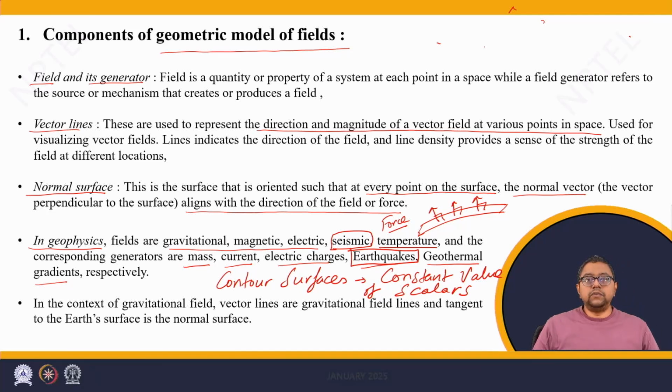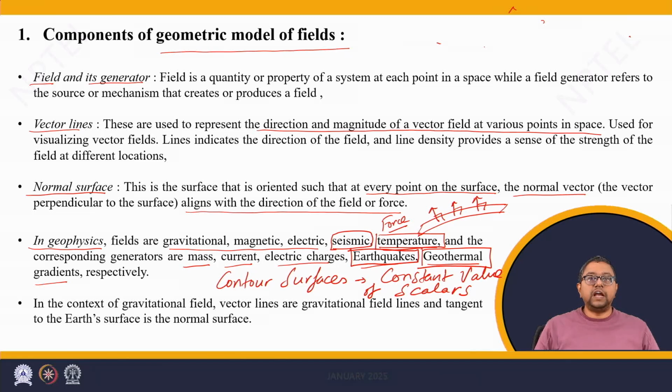Now, in Earth, where the temperature varies along the radius, we have the geothermal gradient, which is the source of temperature fields. In atmosphere, the same temperature field would be developed as a result of prevailing currents in air and the solar radiation. All these fields in geophysics have their physical origins, which are termed as the field generators.